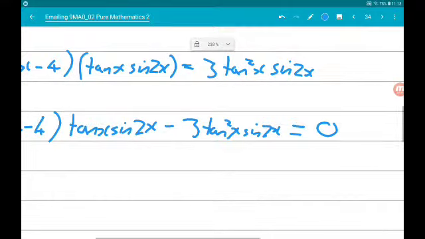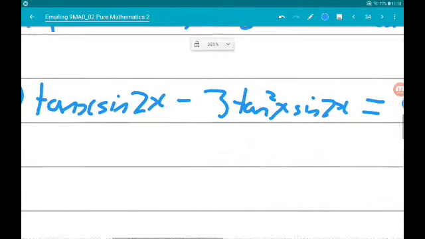Now, it might be tempting here to divide common factors away, but we can't do that because we may be dividing by 0. So what we do instead is factorise.